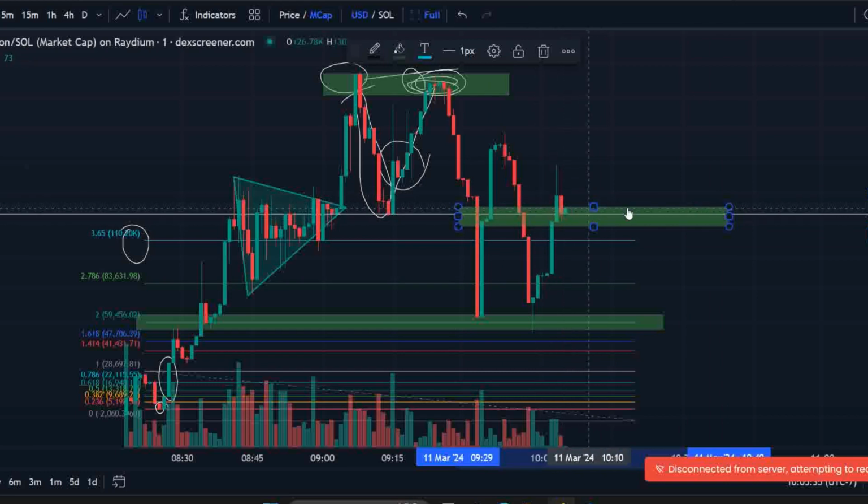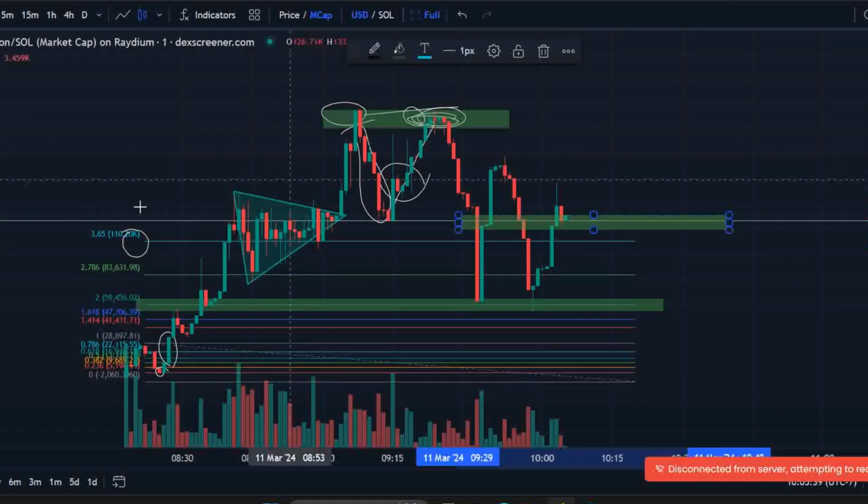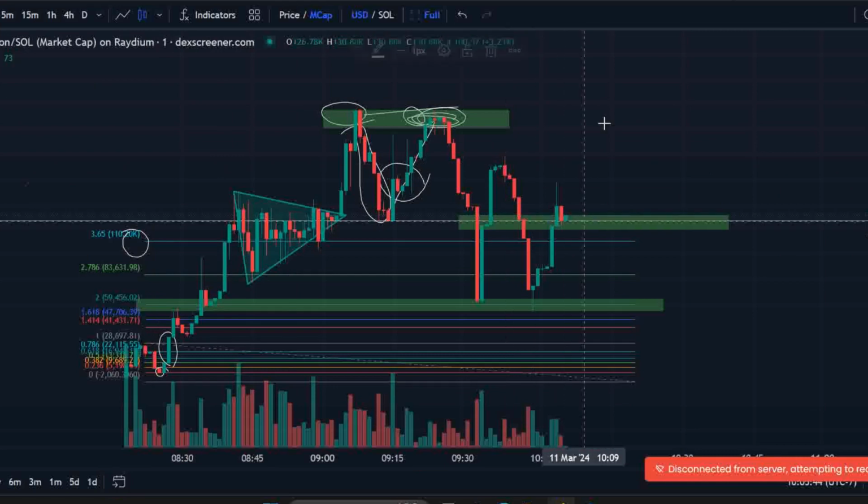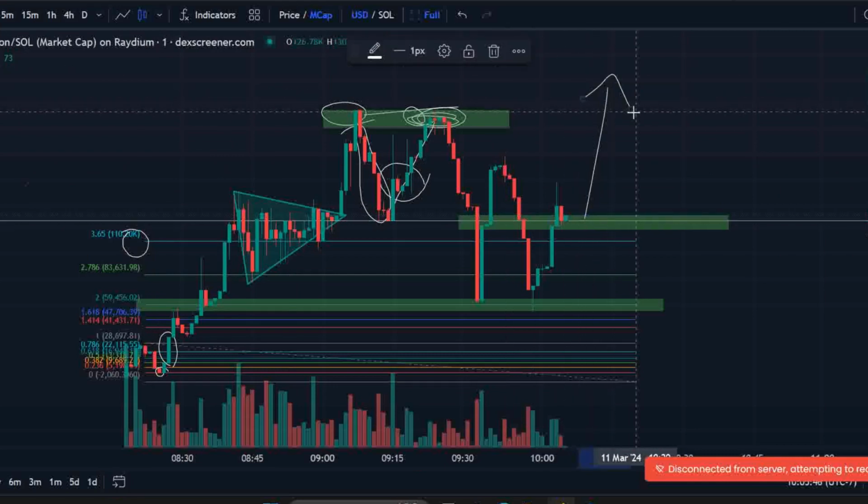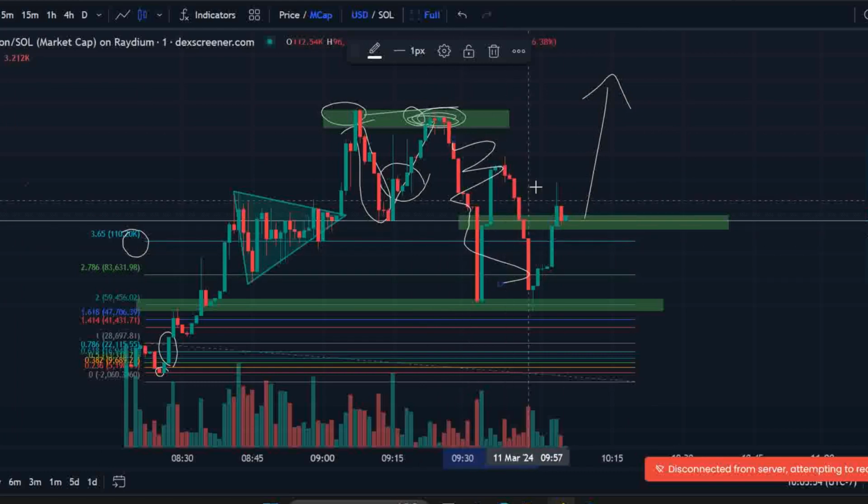So if it kind of gets back, then in my opinion it's gonna be another run to the upside. But as I said, this always ruins everything, the big profit takings.